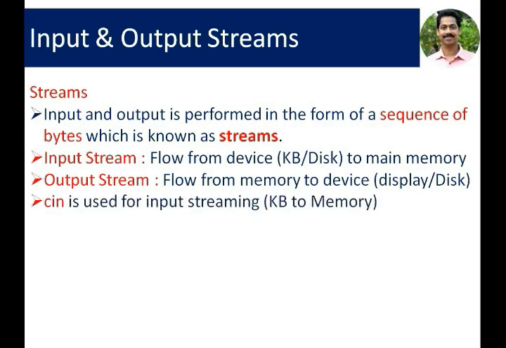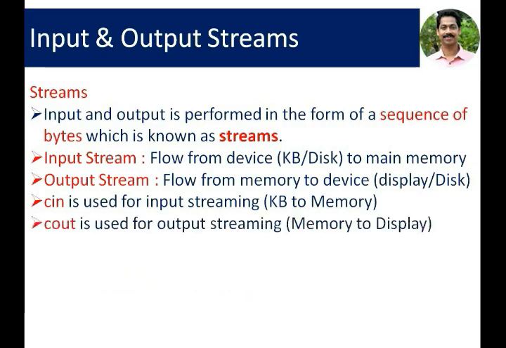Cin is used for input streaming. That means from keyboard to memory. Cin is provided by the C++ compiler for streaming from the input device, keyboard. Similarly, Cout is used for output streaming. That means memory to display.